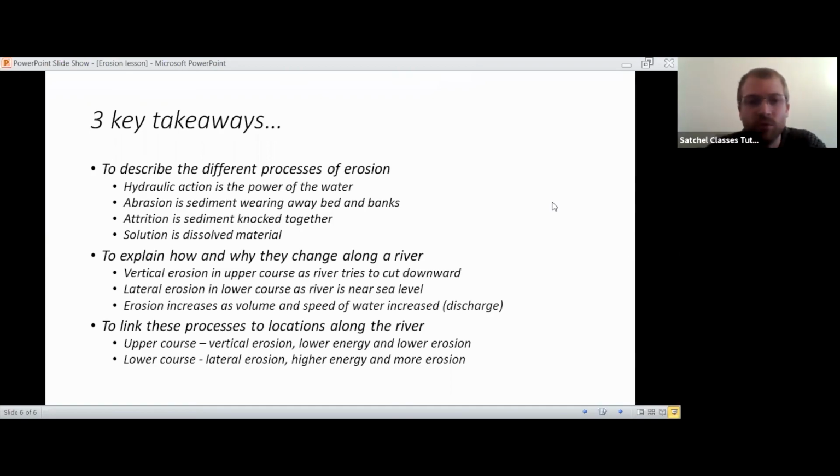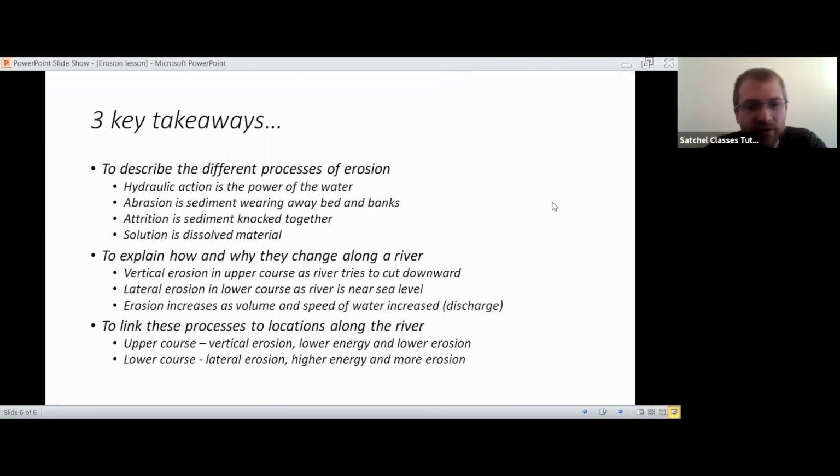Erosion increases as volume and speed of water increases, which is what we mean by discharge. That happens when 2 tributaries, 2 small streams, connect together and add their water supplies, so the volume of water now being moved along the river increases, and therefore so does the power of the river as well.